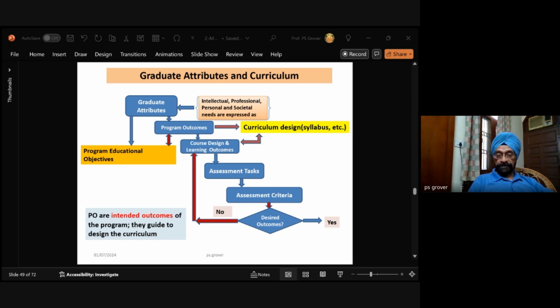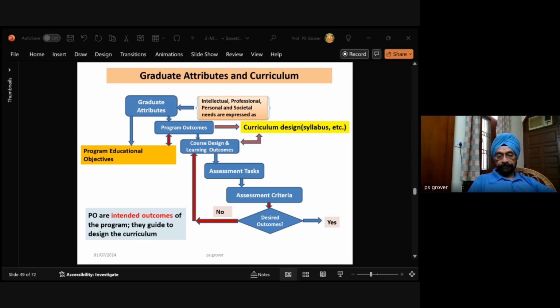We see this close link. In fact, the curriculum is dependent on the program outcome. And remember, curriculum is syllabus, lecture delivery, assessment, and continuous improvement. That is the basis of outcome-based curriculum. Once they get the full feedback, then they will implement that SAR.